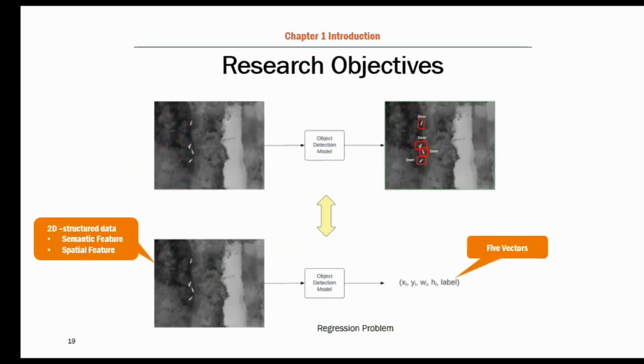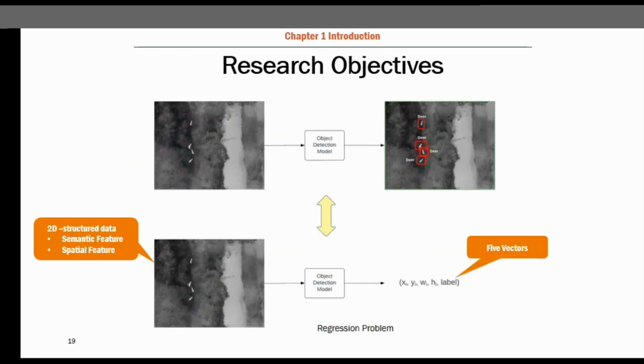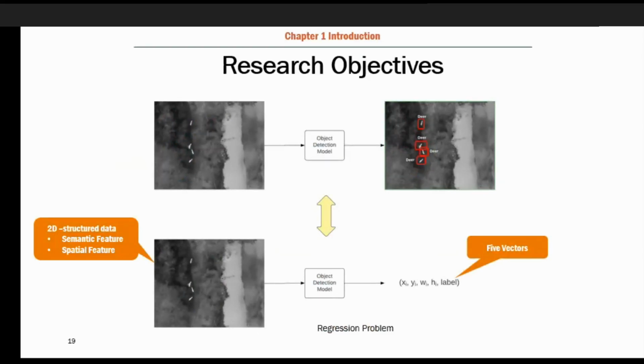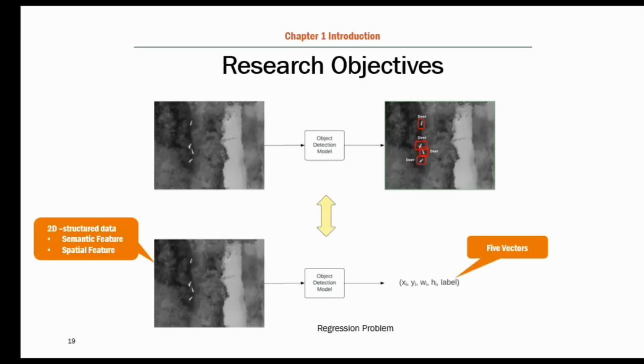To some extent, an object detection model can be abstractly regarded as a regression problem. From the perspective of information systems, the input of an object detection model is an image, which can be represented as a matrix, and the output is some vectors.